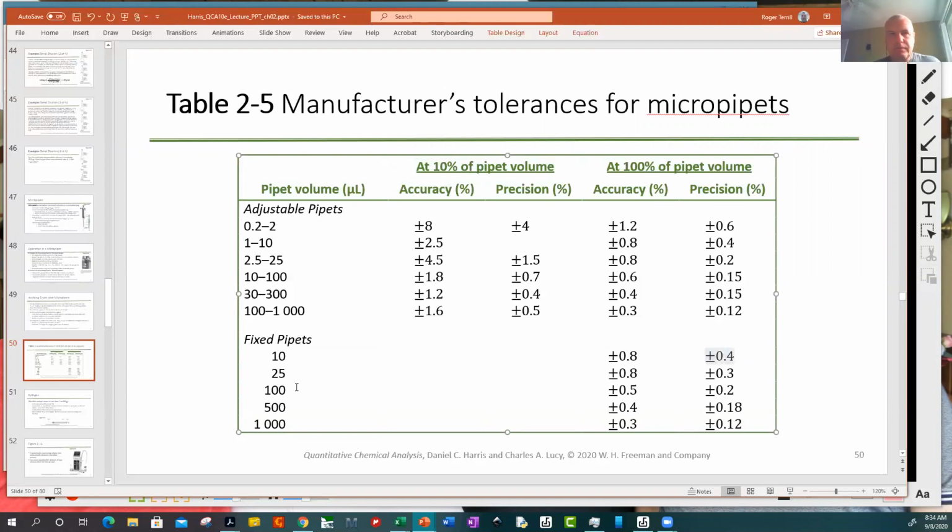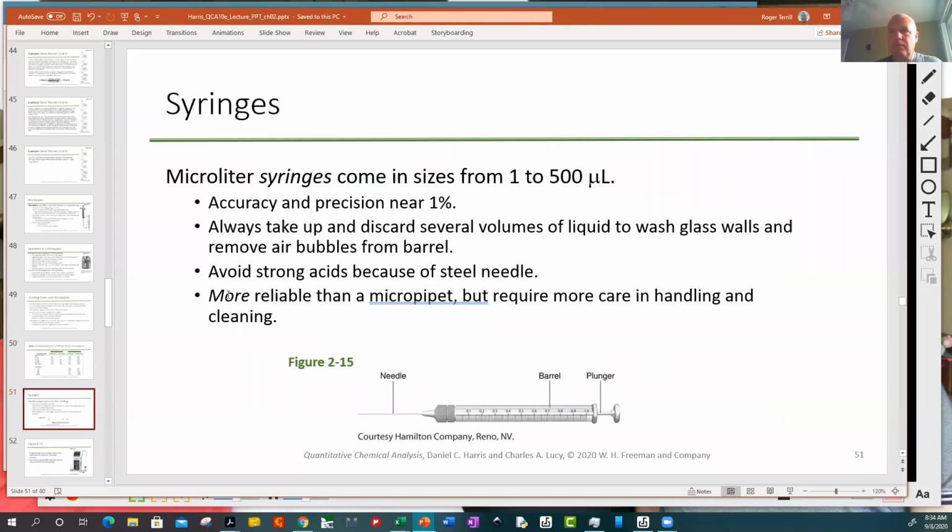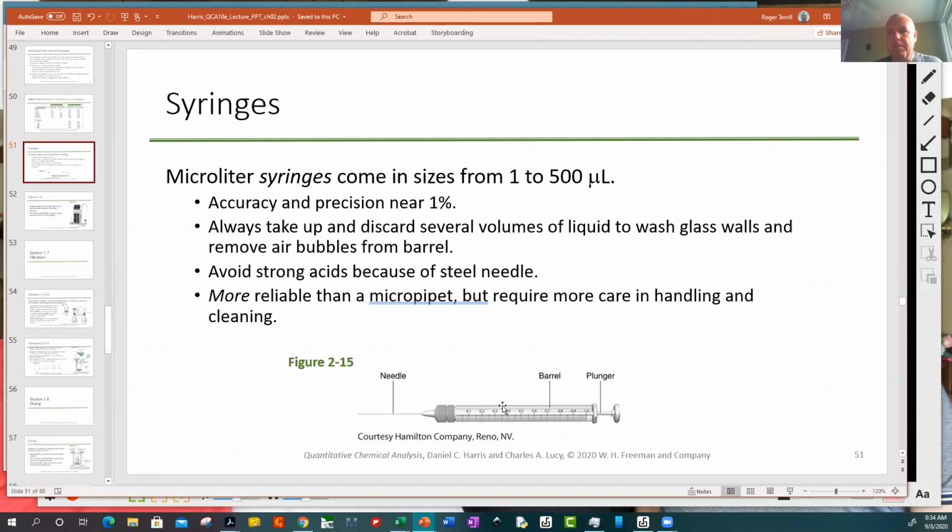So yeah, this is how these guys work. And accuracy can become precision. That comes in. I love syringes just because they're super cool. A lot of times you can use a GC technique, and you can suck up a little bit of air, suck up a little liquid, and suck up more air, right?